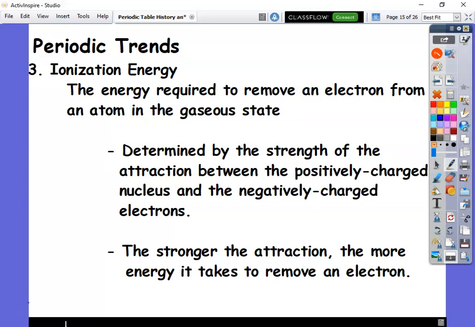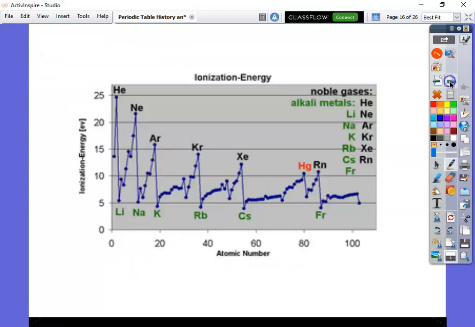And also we're going to think about how the stronger the attraction is between the positives and negatives, the more energy it takes to remove an electron from that particular atom. So if we look at a graph of the ionization energies, first we have a jaggedy sort of curve here, but at the very top we have the noble gases.